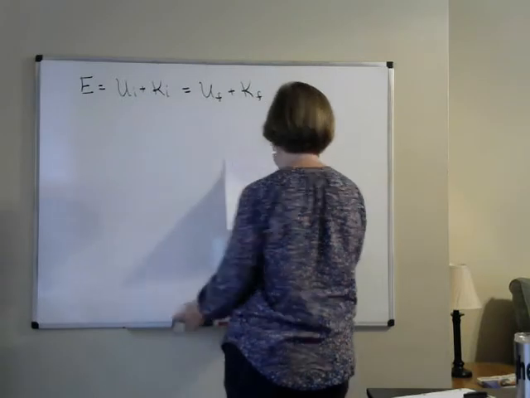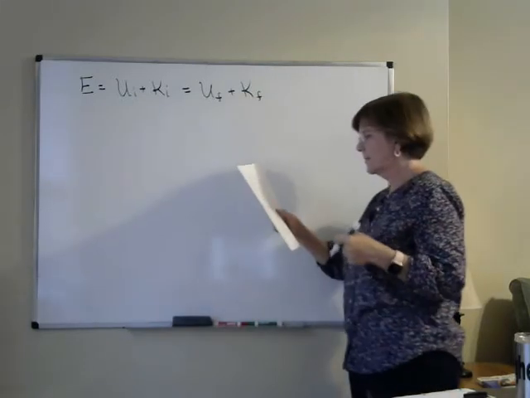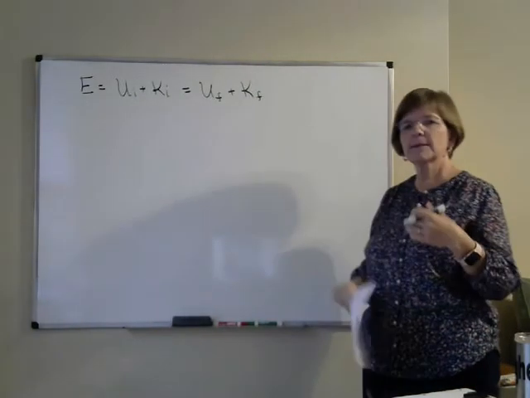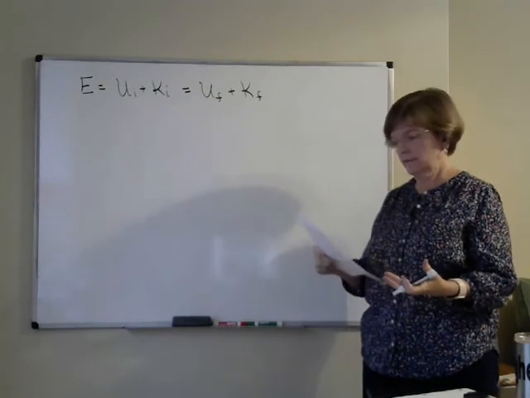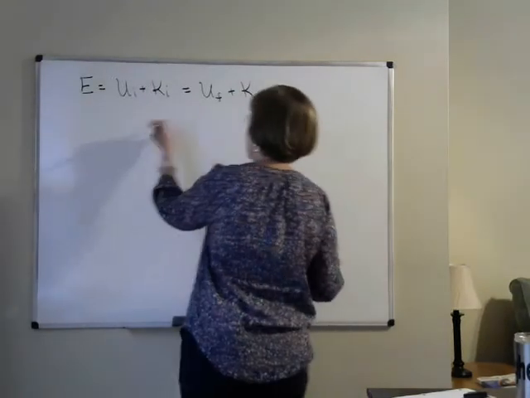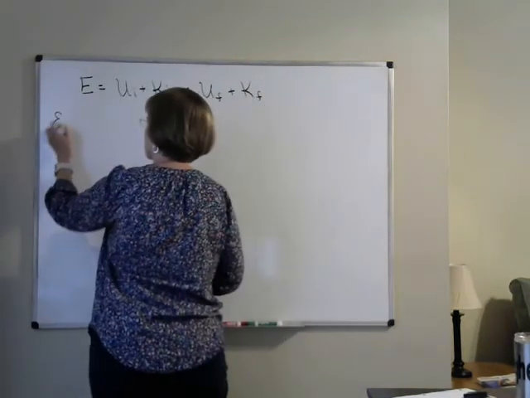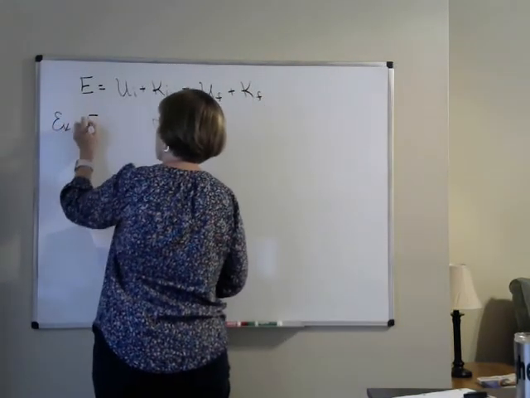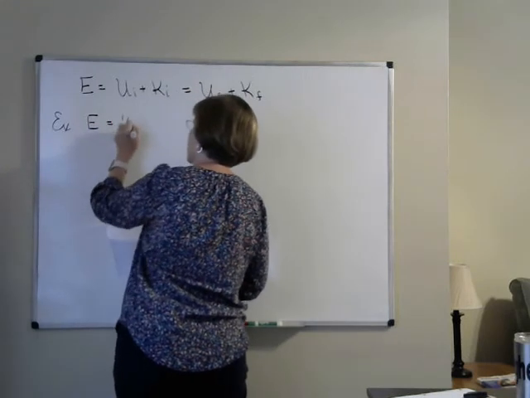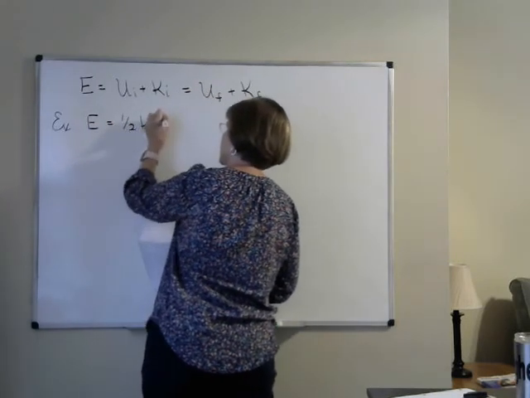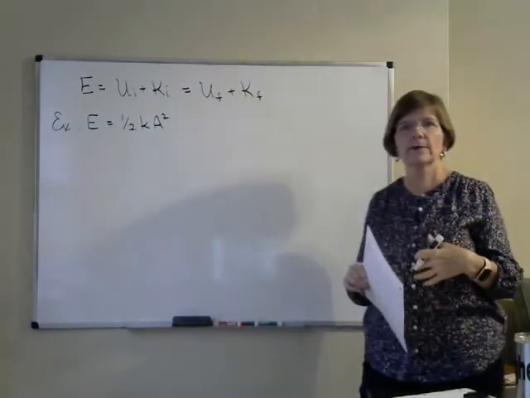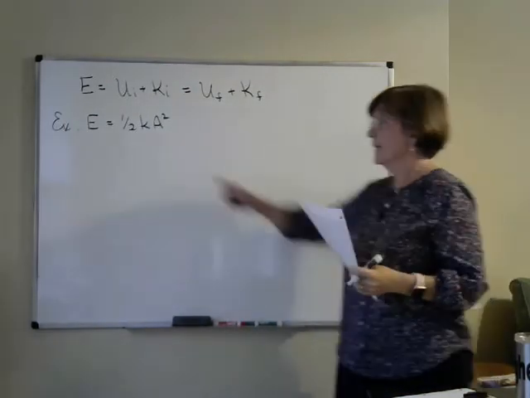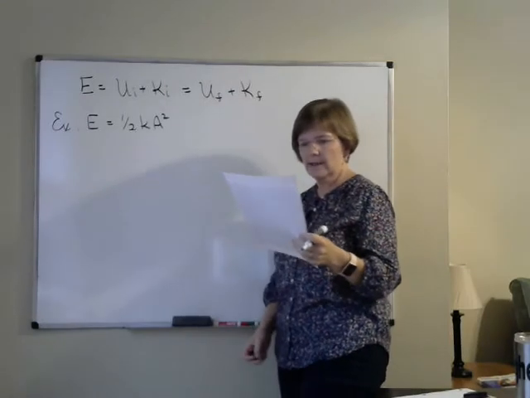It says a mass on a spring is undergoing simple harmonic motion. The maximum displacement is A. The total energy is E. So basically what they're telling us is the total energy is 1/2 kA squared, because A is the maximum displacement when it's going through simple harmonic motion, that's going to be the total energy in the system.